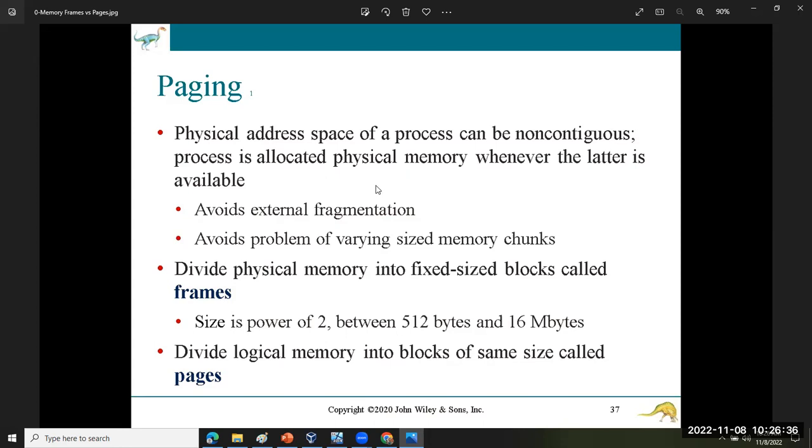When you hear the term paging in an operating system, we're talking about mapping physical frames. So a chunk of physical memory is referred to as a frame. And chunks of logical memory allocations are referred to as pages.